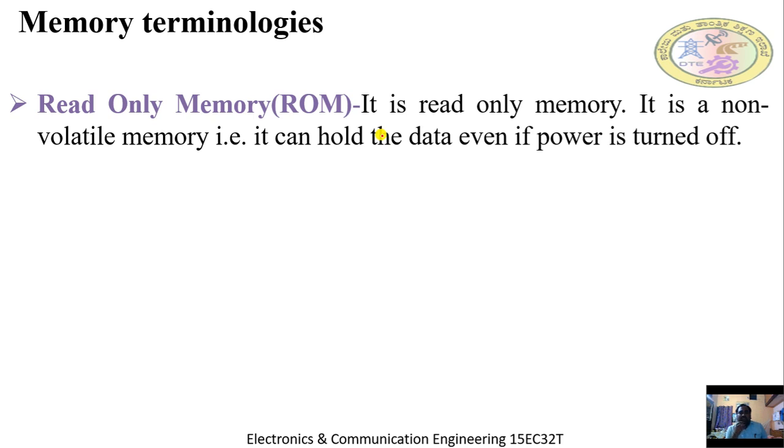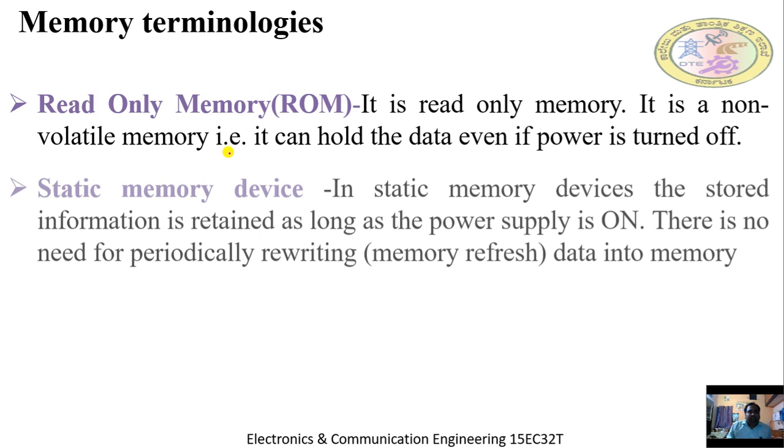But nowadays in the market, you will find certain ROM versions like EEPROM, where the user has the provision to write the content as many times as he wants, and to erase the content as many times as he wants. Means he can edit the content of the ROM memory as well. Nowadays those versions are available, and it is a kind of non-volatile memory. We will discuss in detail the different versions of the ROM in later sessions.